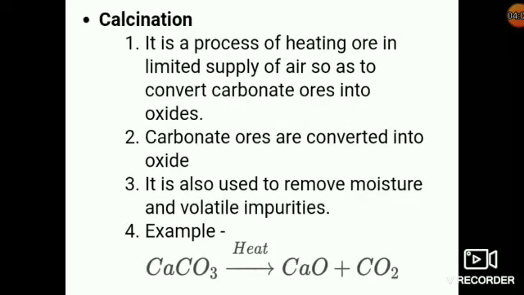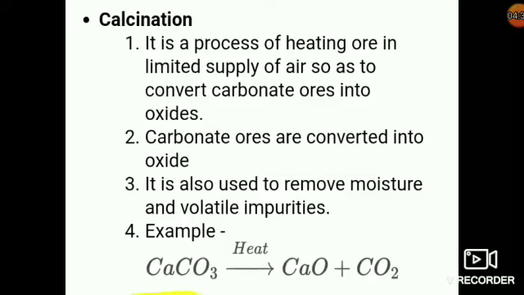In calcination, what happens? Here the ore is heated in a limited supply of air or oxygen so as to convert the carbonate ore into the oxide. The calcination process is useful for the carbonate ore of the metal. Here also the volatile impurities go away from the metal oxide ore, and in this process any moisture that is there also gets removed.